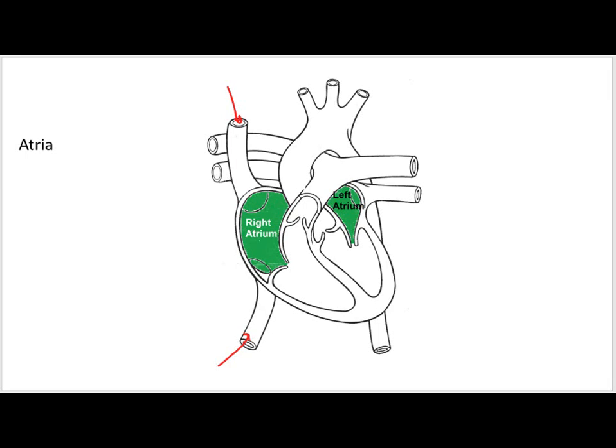Inferior vena cava collects blood from the trunk, viscera, and lower limbs and brings it to the right atrium. The left atrium, on the other hand, receives blood from the right and left pulmonary veins. So the right and left pulmonary veins deliver blood right through this one and bring it to the left atrium.